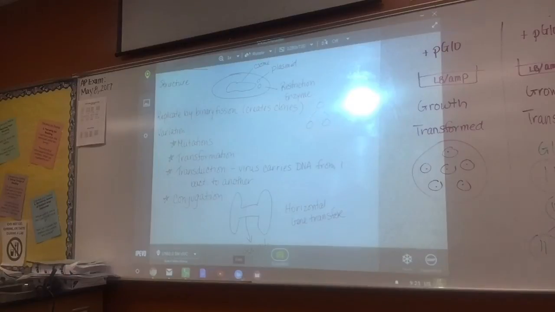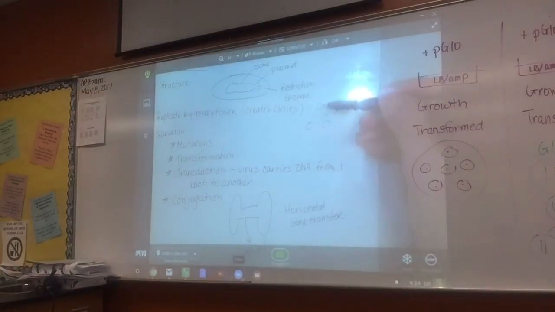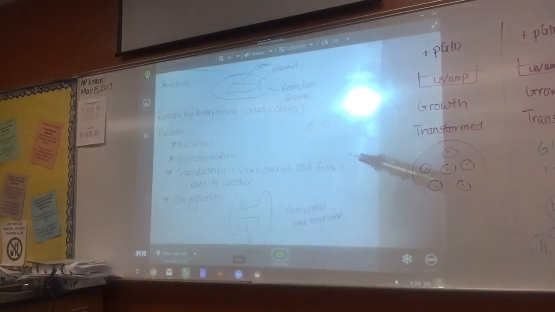So it's vertical, meaning that the new combination comes with the next generation. Here, new genetic variation doesn't come with the next generation. It comes with the current generation swapping genes and doing one of these things. Okay? And that is the basics of bacteria.